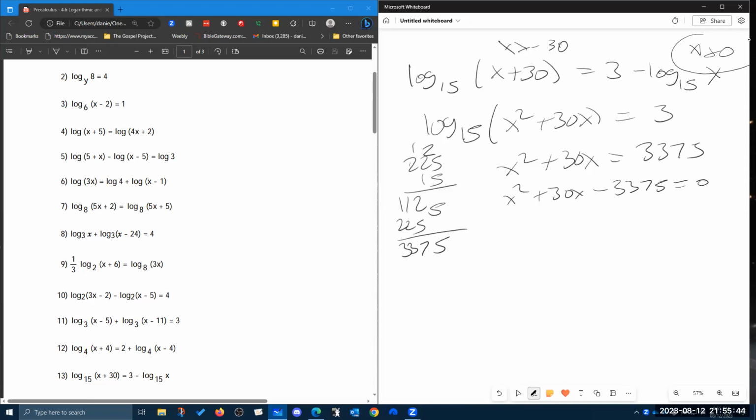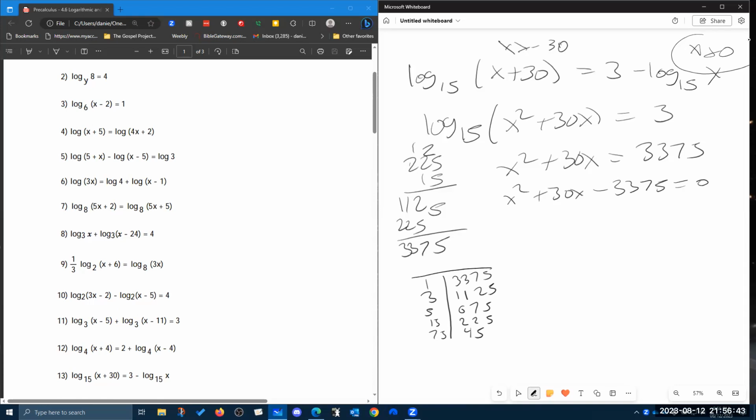Let's see. Factors of 3375: 1 and 3375, 3 and 1125, 5 and 675, 15 and 225, 25 and 135, 75 and 45.